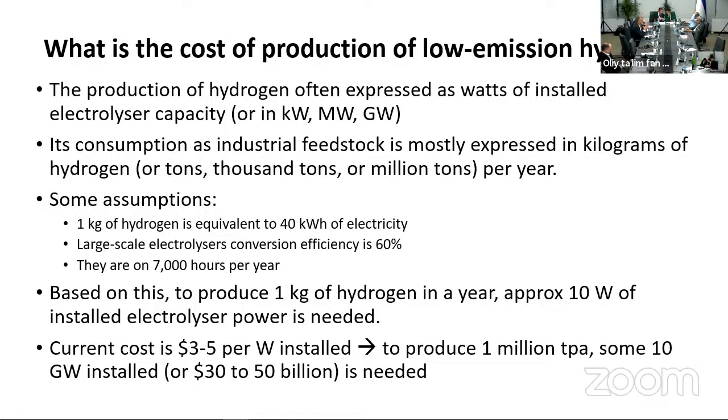But why is this good to understand? Because today, to actually buy an electrolyzer, you need to spend about $3, $4, maybe $5 for each watt installed. That means that to produce 1 kilogram of hydrogen in a year, you need an upfront investment of about $30 to $50 for the electrolyzer alone.